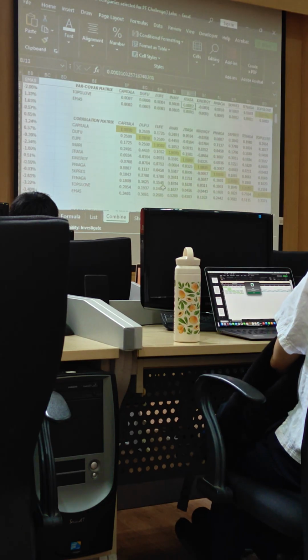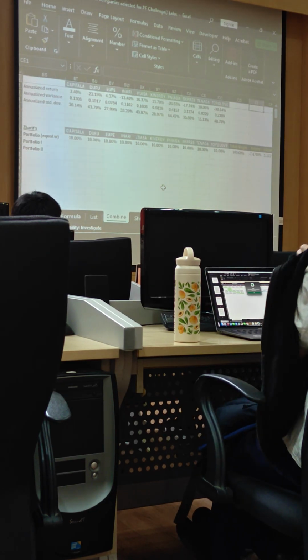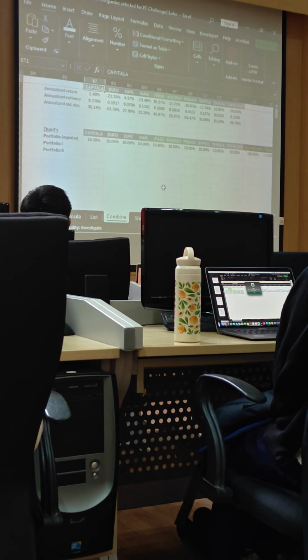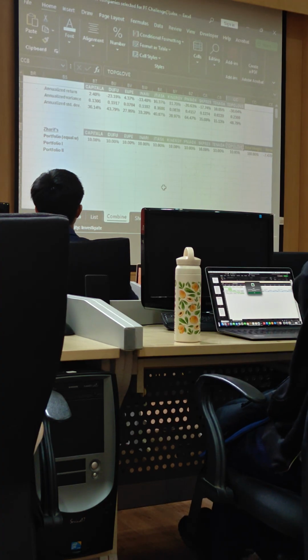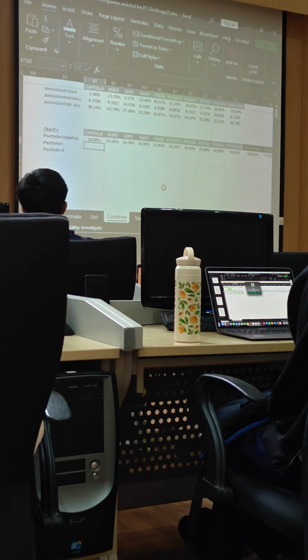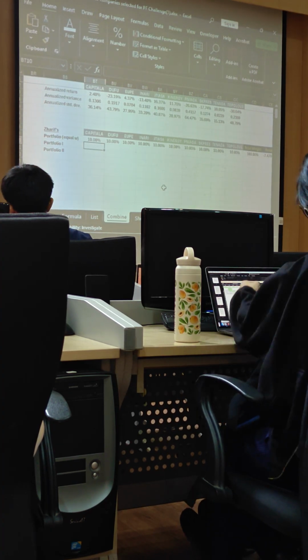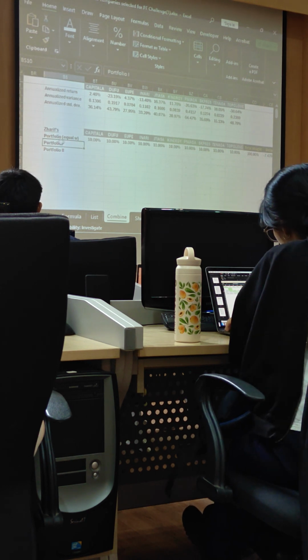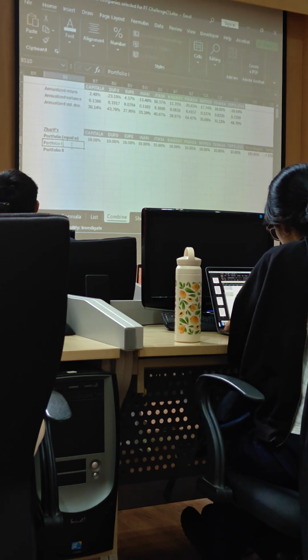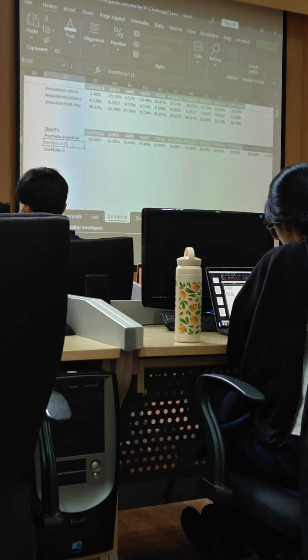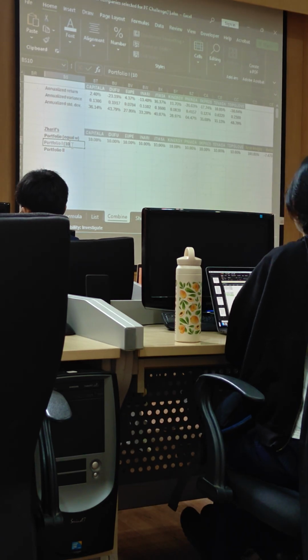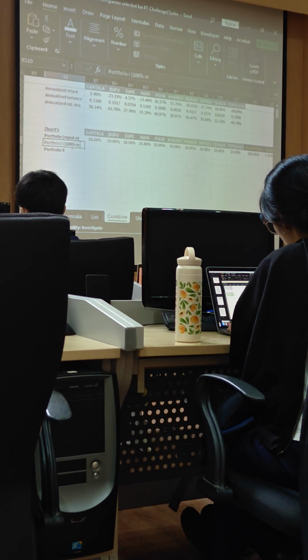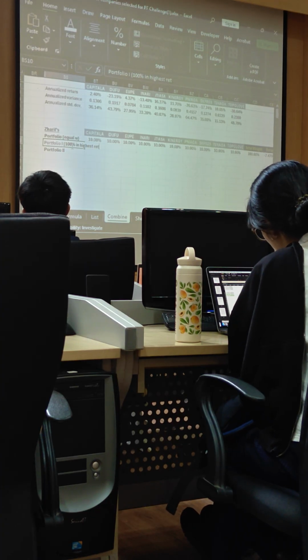Okay? So, in portfolio 1, what I want you to do adalah invest 100% in the highest portfolio. So, in the highest return. 100% in highest.